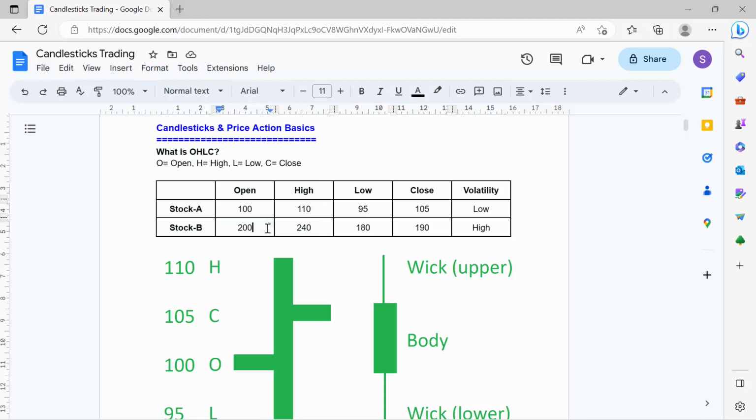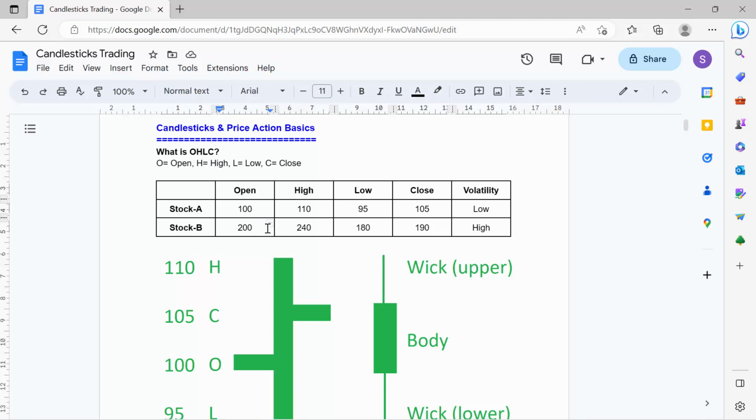Now for stock B, which has an open price of 200, high price 240, low price 180 and close at 190. For stock B, we can understand, number 1, it closed 10 points or 5% lower at the end of the day, so the sentiment is bearish. Number 2, it closed 5% lower.